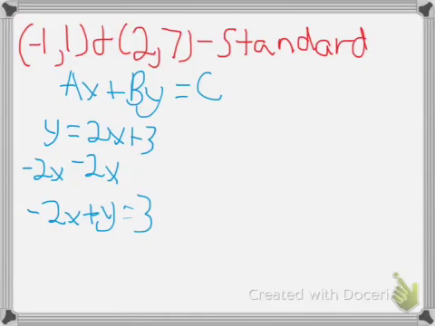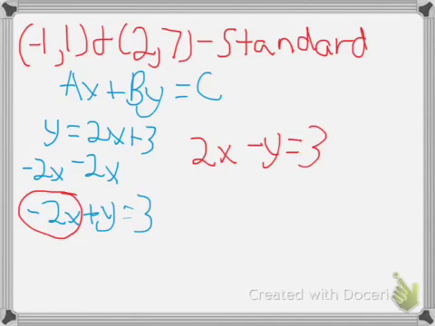And now to make it in standard form, you got to make sure that your x term is positive at the beginning. So I have to make that positive. And to make that positive, I have to make everything else negative. And so when I do that, I write 2x minus y equals 3. And that is your standard form equation right there.